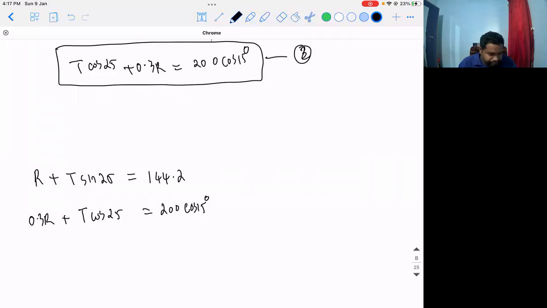So what is your answer? I am also inputting these values. The R value we will get is 62.9, and the T value we will get is 192.3.